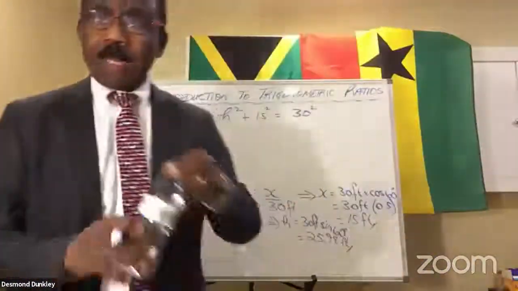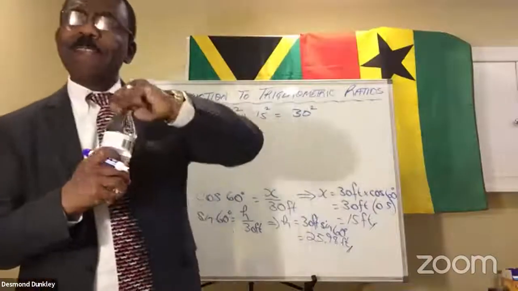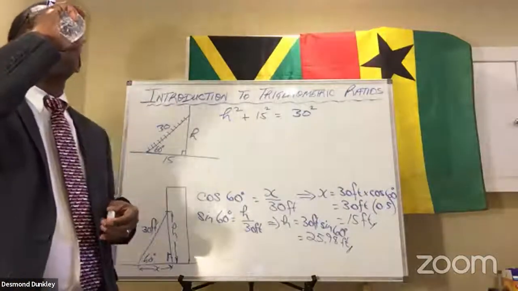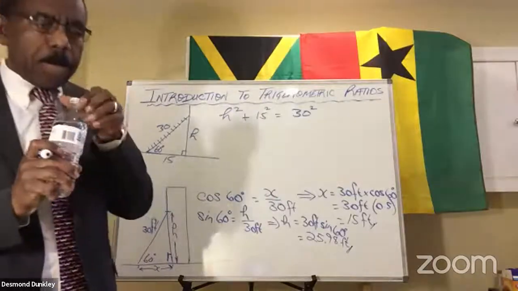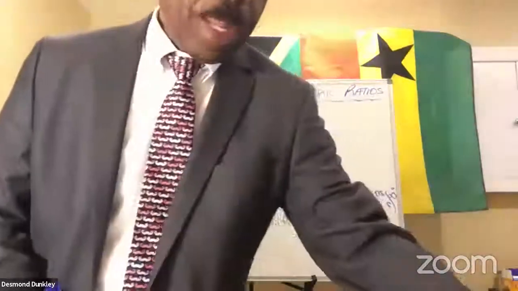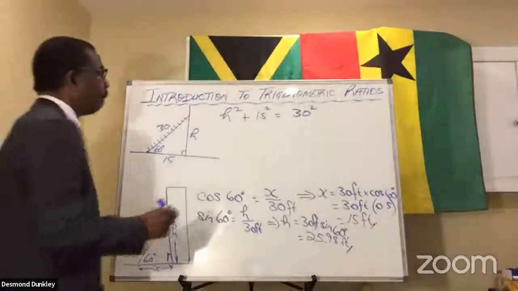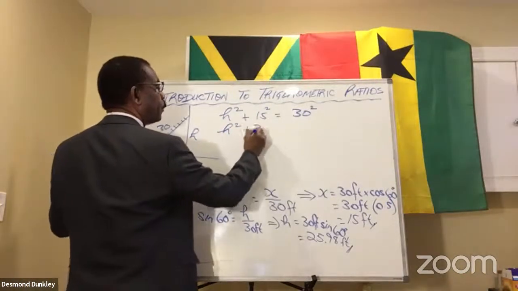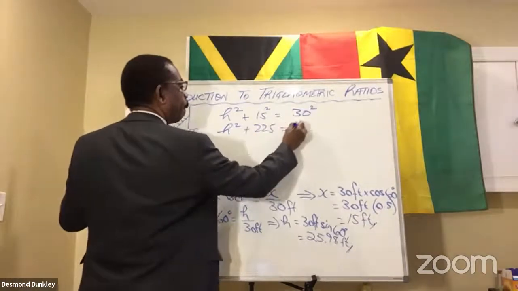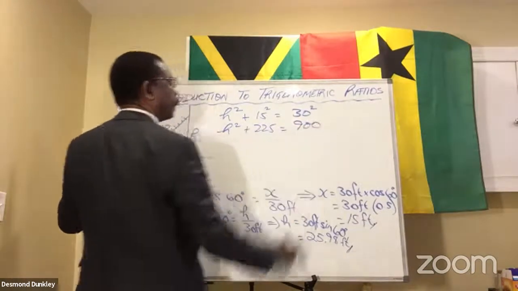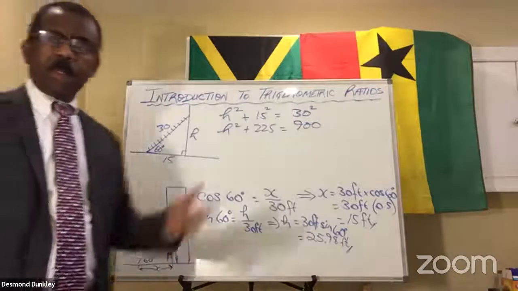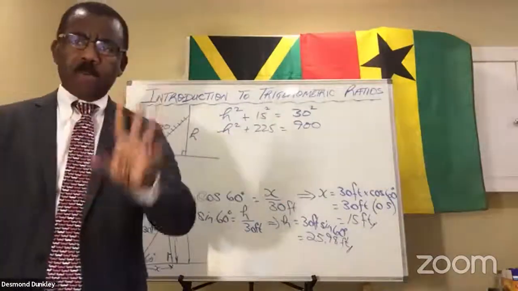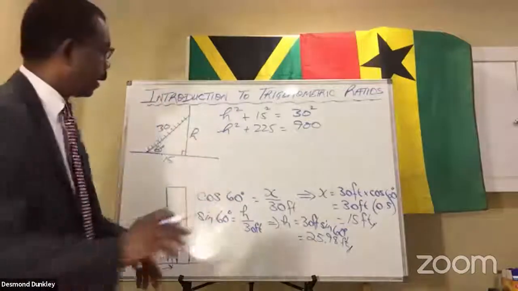We already think we know what it should be, so let's see if it's consistent. So h squared plus 225. 15 squared is 225, 30 squared is 900. Nothing out of the ordinary.